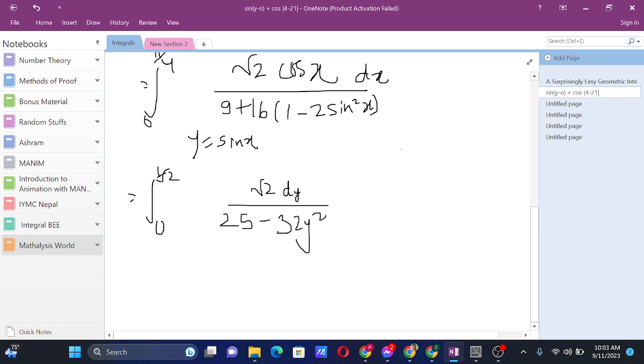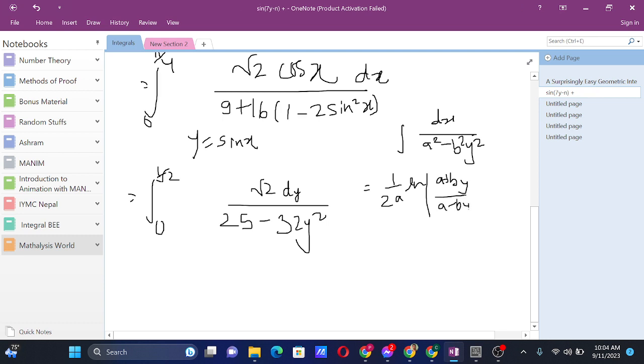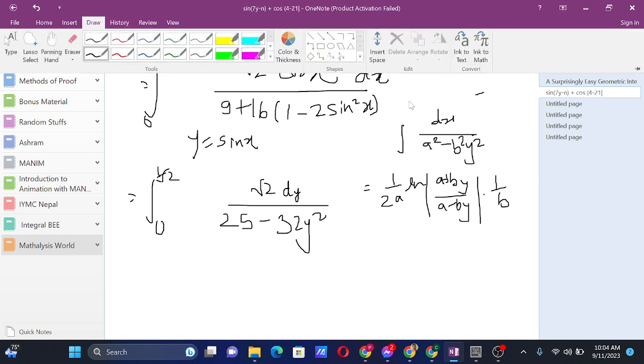Now we can use a formula of integrals. If we have dx by a square minus b square y square, we can use the formula 1 by 2a ln of (a plus by) by (a minus by), times 1 by b.